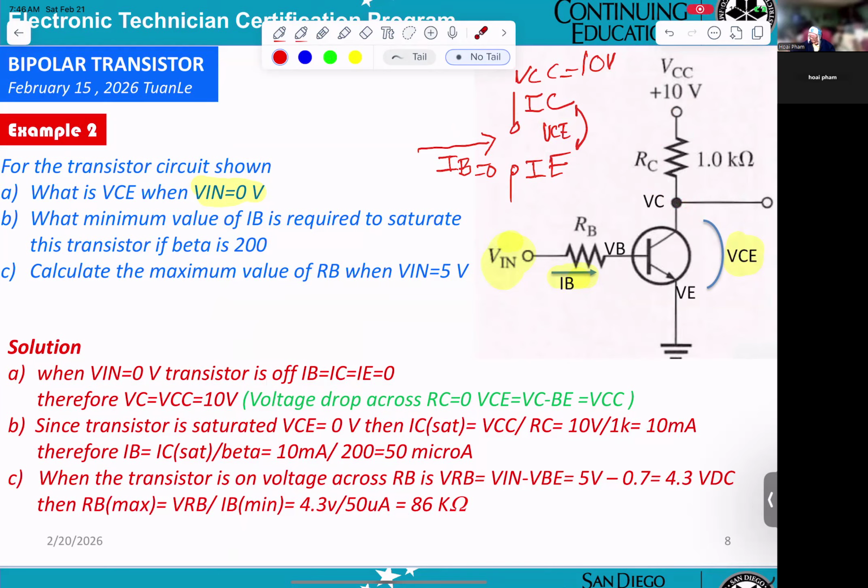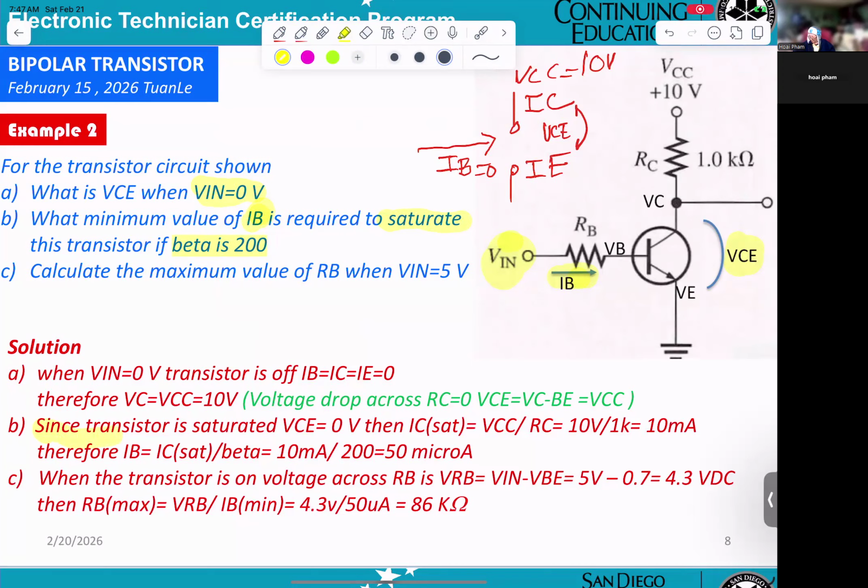Number 2: what minimum value of IB is required to saturate this transistor if beta equals 200? Now see what they try to explain to you.